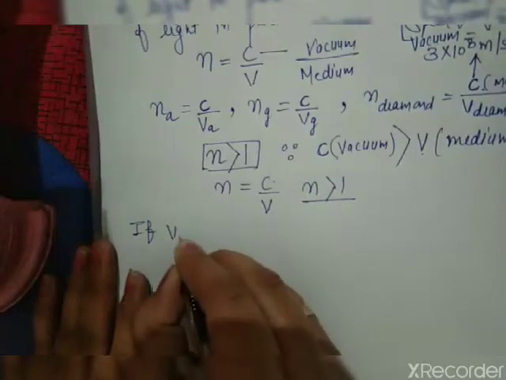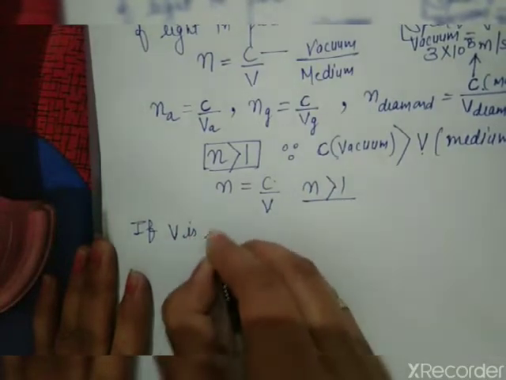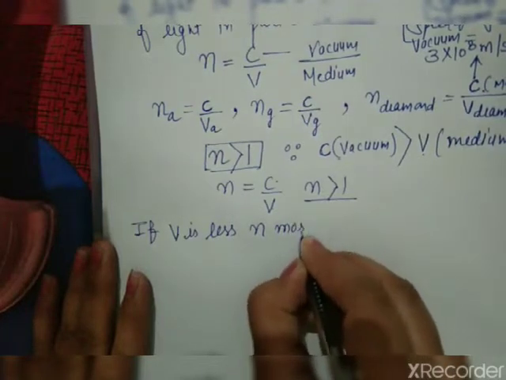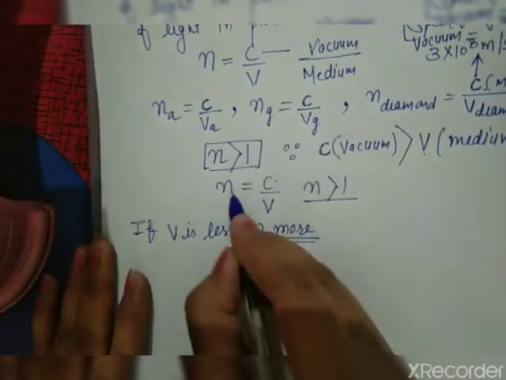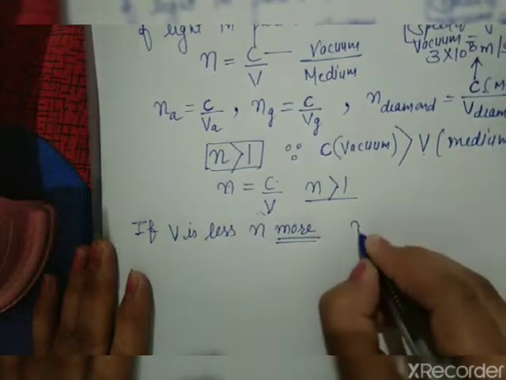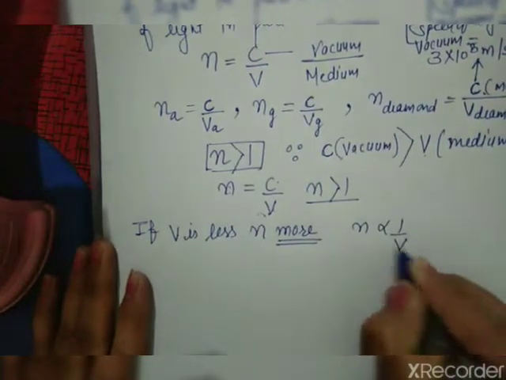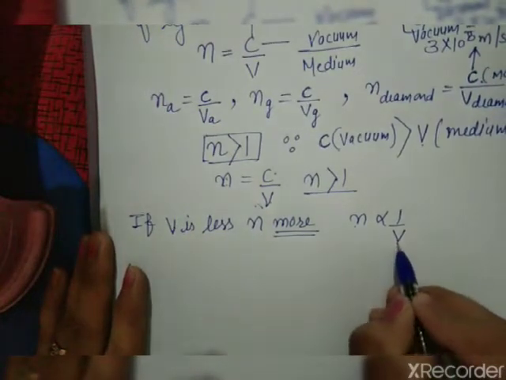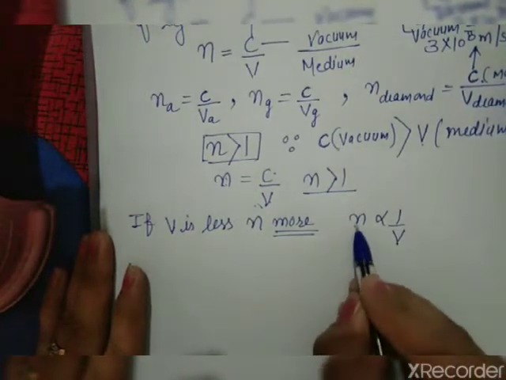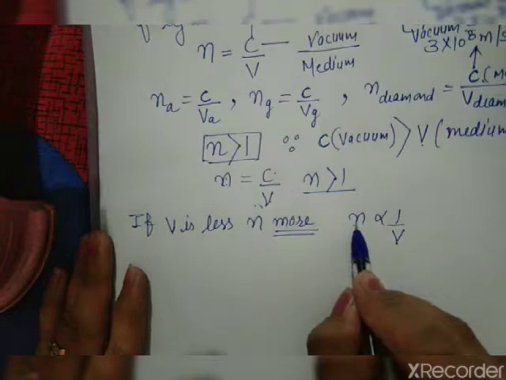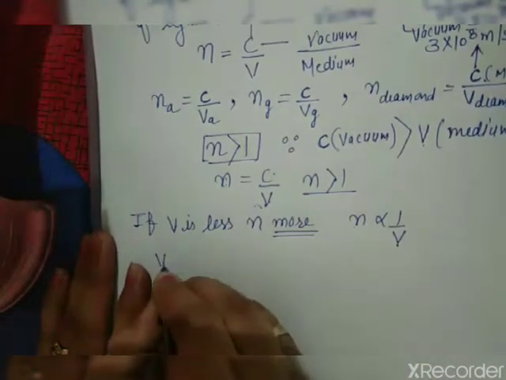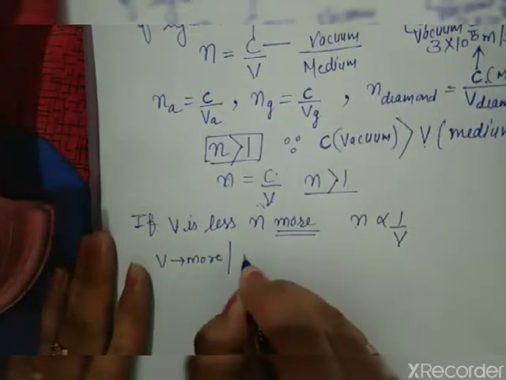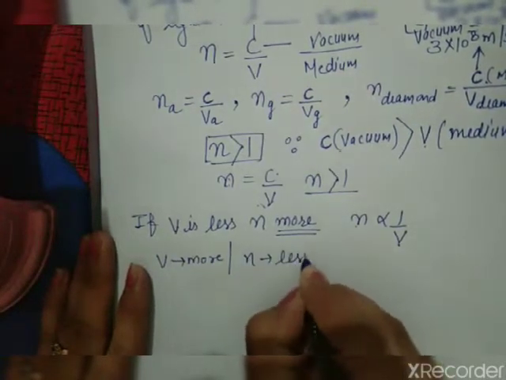If the speed of light in a particular medium is less, then the refractive index will be more, because there is an inverse relation between speed of light and refractive index. The more the speed of light, the less the refractive index. If v is more, then the refractive index will be less.